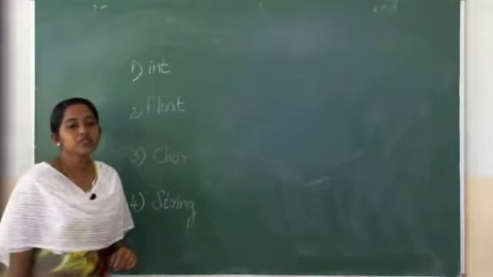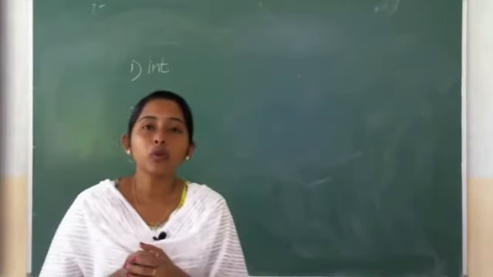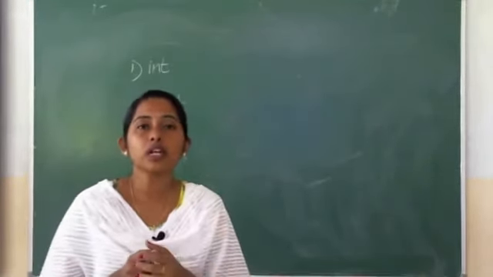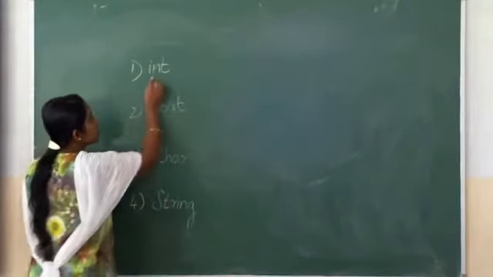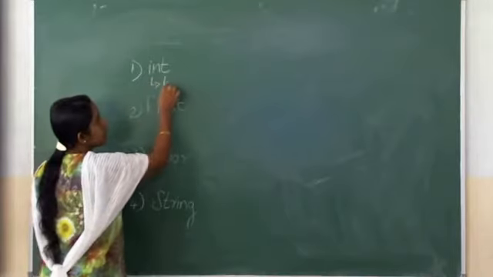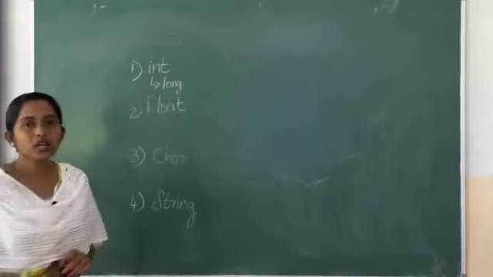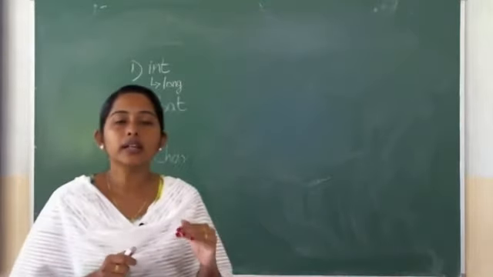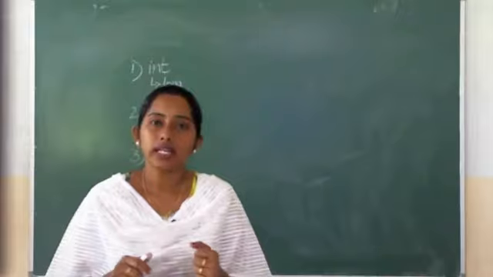First of all we can look at the int data type. Another subsection of the int data type is long. This one is also a data type, you can use long. Under the int data type one more category is there, that is the long data type also.